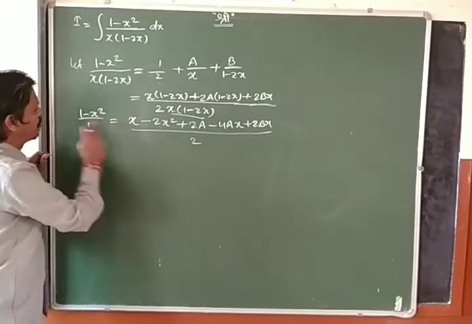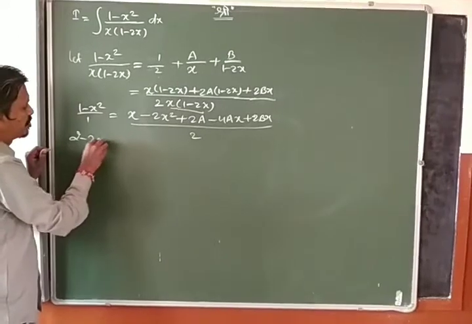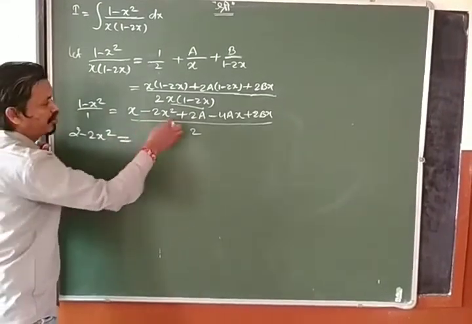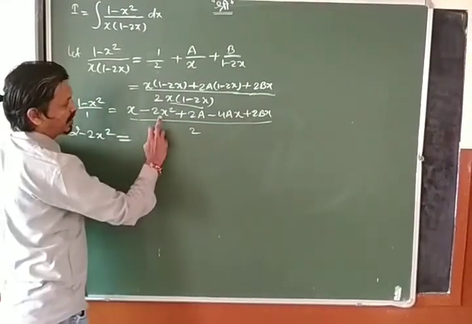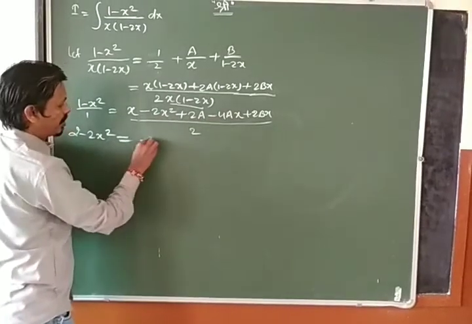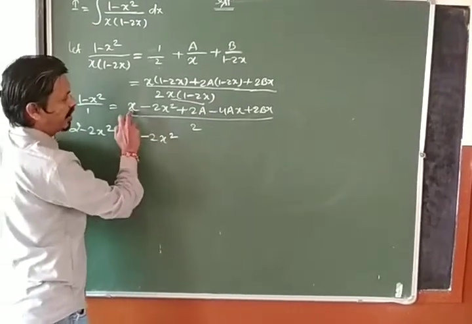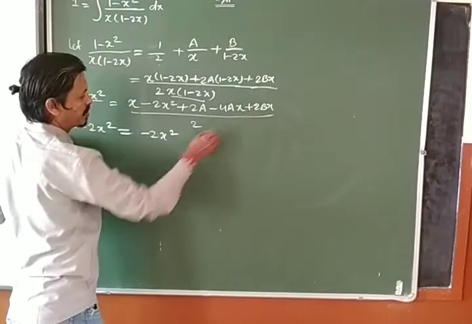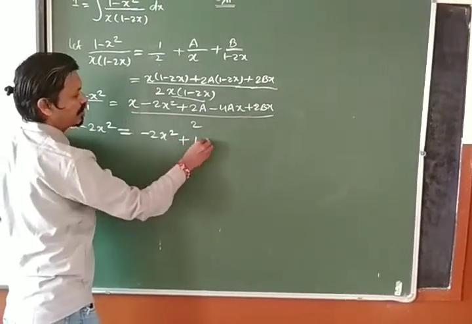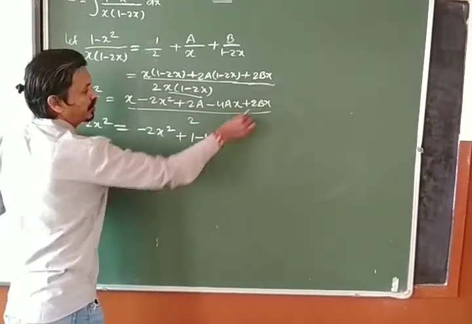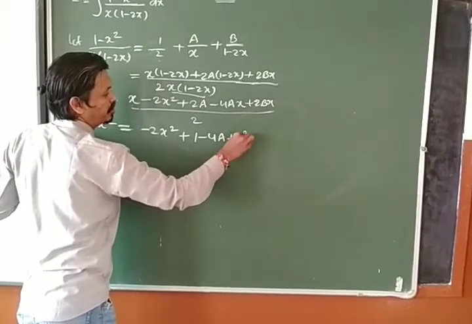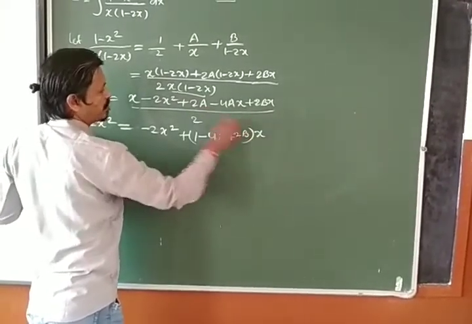This 2 multiplied here, you get 2 minus 2x square is equal to, here you can arrange all the like terms. So x square has only one term, and in x there are minus 4ax and 2bx. From this, taking x common, we get 1 minus 4a plus 2b, and here plus 2a constant.